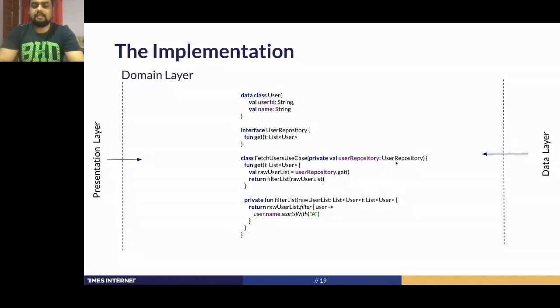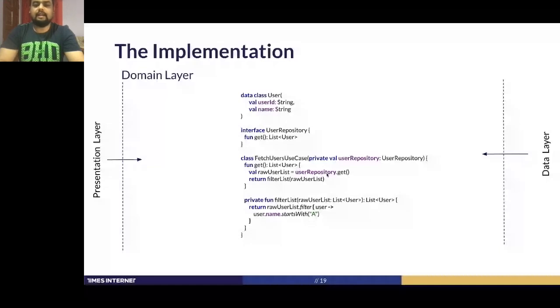Filter list is a method which filters the data and returns only the list of users whose names start with A. Now you can see this is our domain logic, right? You can test this domain logic independently. You can have your own mockable user repository, mock the get method, and test this particular implementation. This is how your domain layer will be designed for this use case.